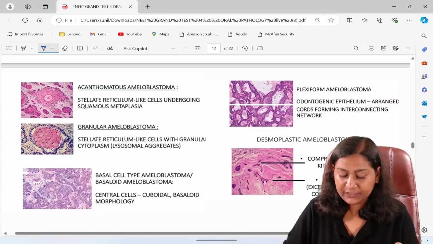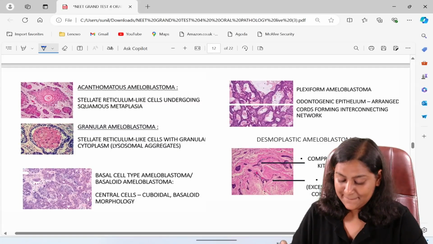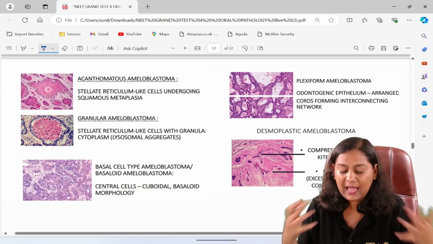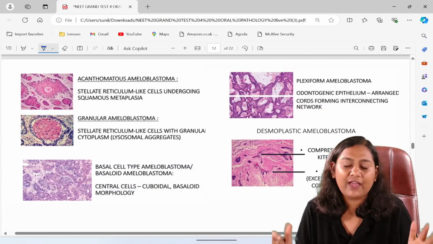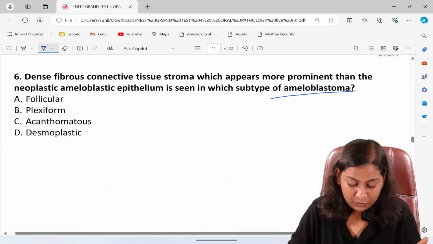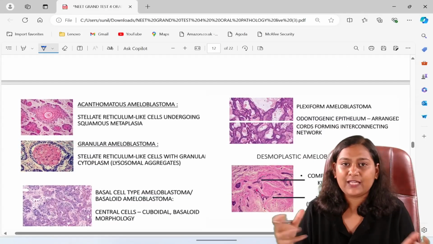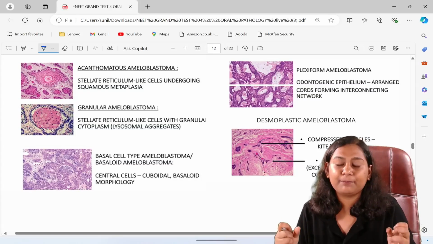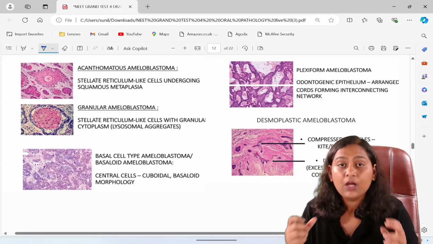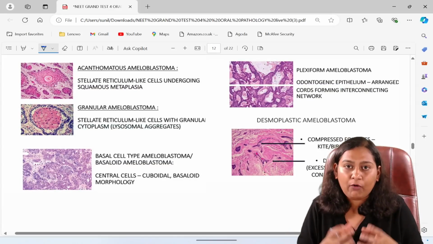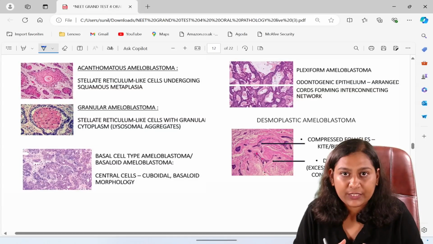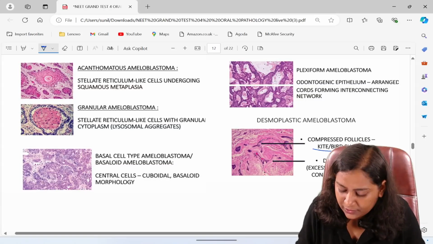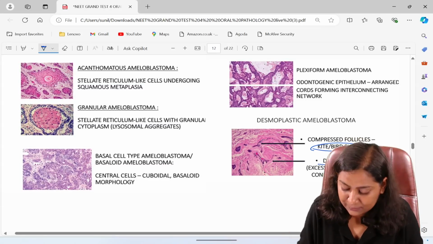In desmoplastic ameloblastoma, the name itself says it is very dense. Excessive fibrosis occurs in the connective tissue, and the epithelium is very compressed, leading to the kite or bird shaped appearance, desmoplasia.